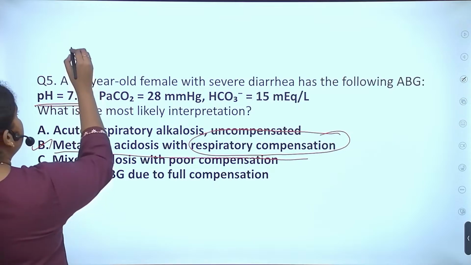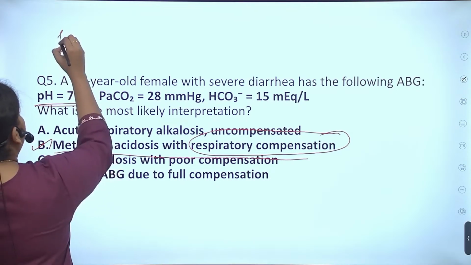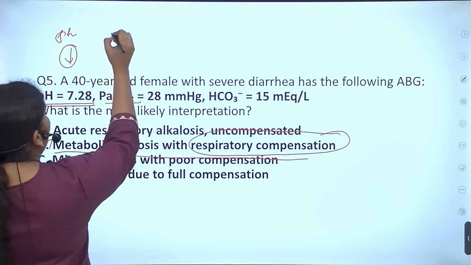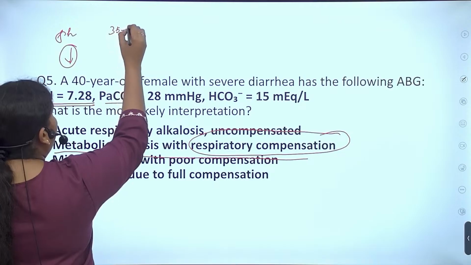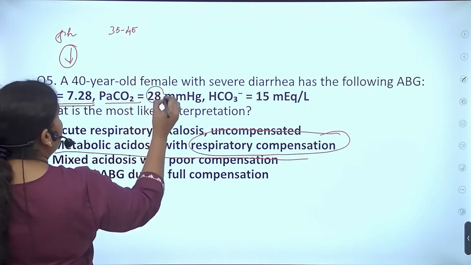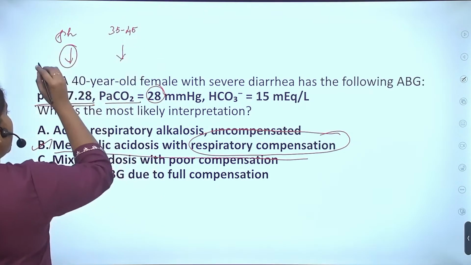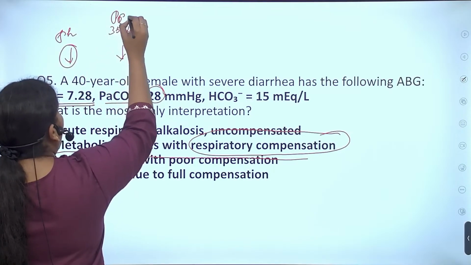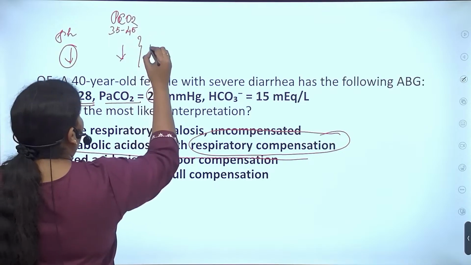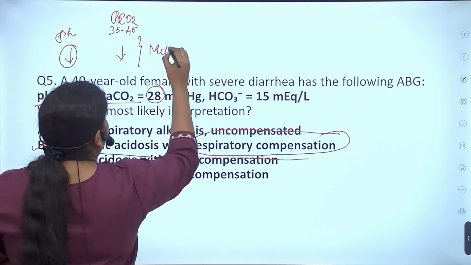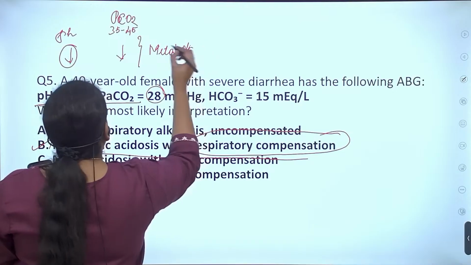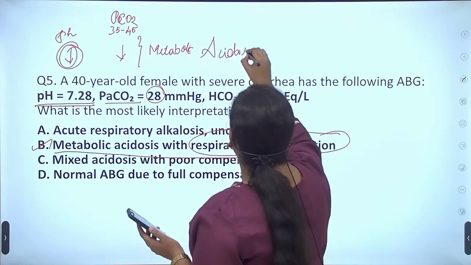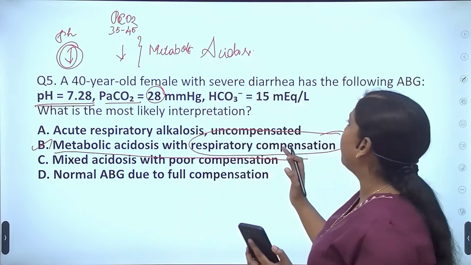7.28, which means the pH is reduced. The pH is reduced, and the PaCO2 normal level is 35 to 45, and the PaCO2 level is also reduced. When the pH and PaCO2 are going in the same direction, it is a metabolic problem. And you can also see the pH is reduced, so it is acidosis. On the other hand, I have given you the baseline data.